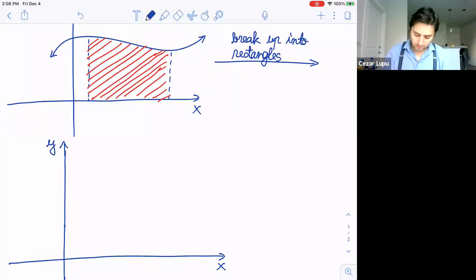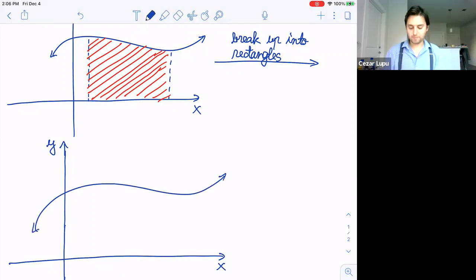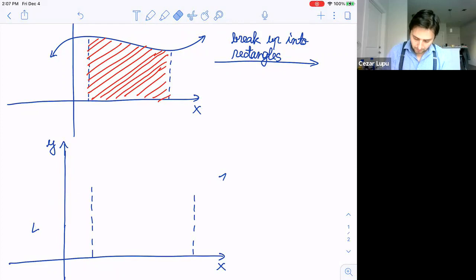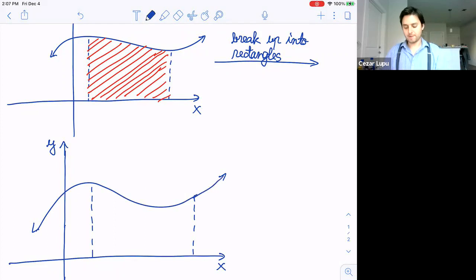Let me just draw the picture again. This is the graph of f, and as you have seen, it was something like this. Now we're going to break this into rectangles.